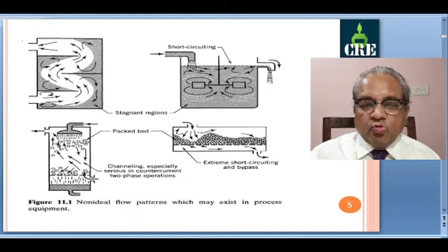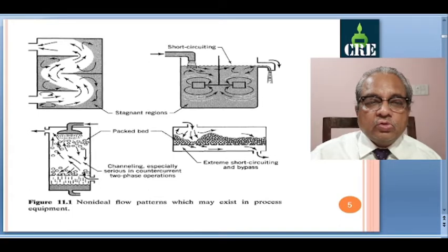So, non-ideal flow patterns. You can see here this is entering and leaving, so a kind of channel is formed and the molecules are moving through it. But here you can see some molecules may get stuck or accumulated in this region, and this region we call the stagnant region.